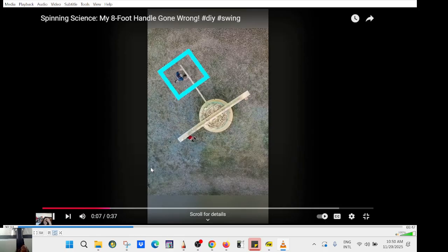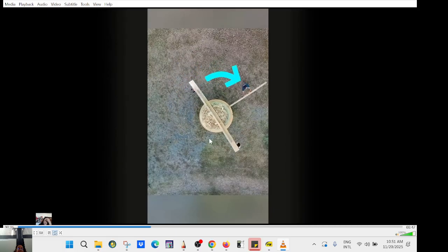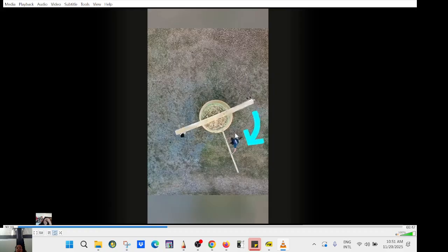The kids will fly, right? Because they experience a centrifugal force. But you see, he's pushing very far. By pushing very far from the center, it will be easier, but you are not going to go fast. So if he wants them to go fast, he has to go close.